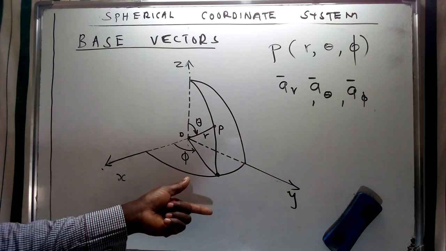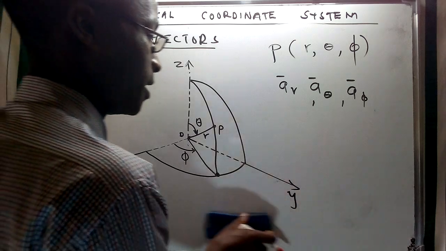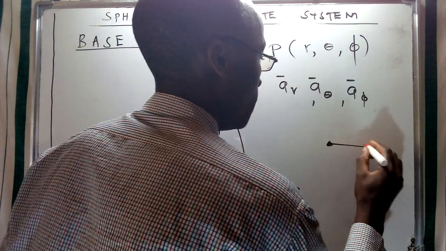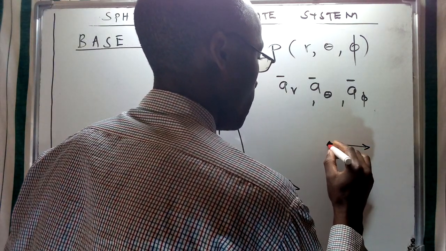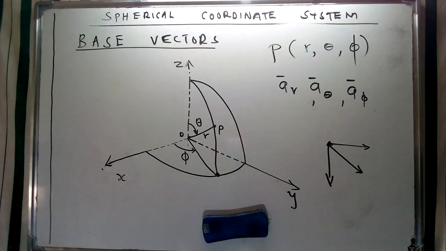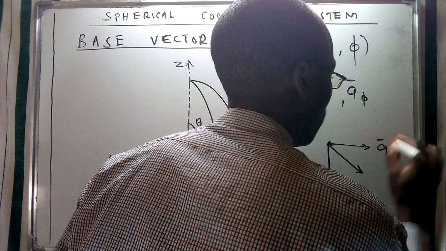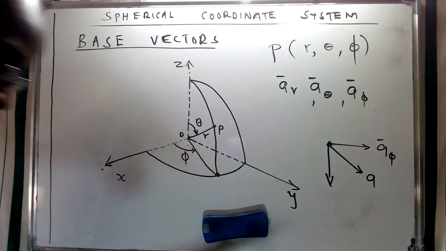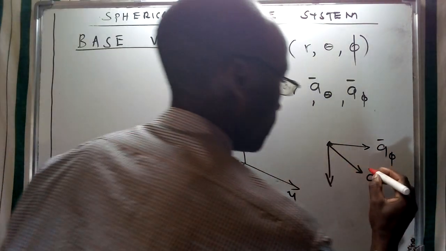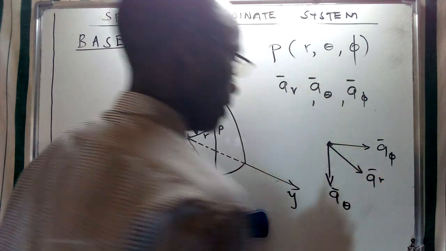These unit vectors are mutually perpendicular to one another at this point of intersection, and therefore they form a set of vectors given as a_phi, a_r, and a_theta respectively.